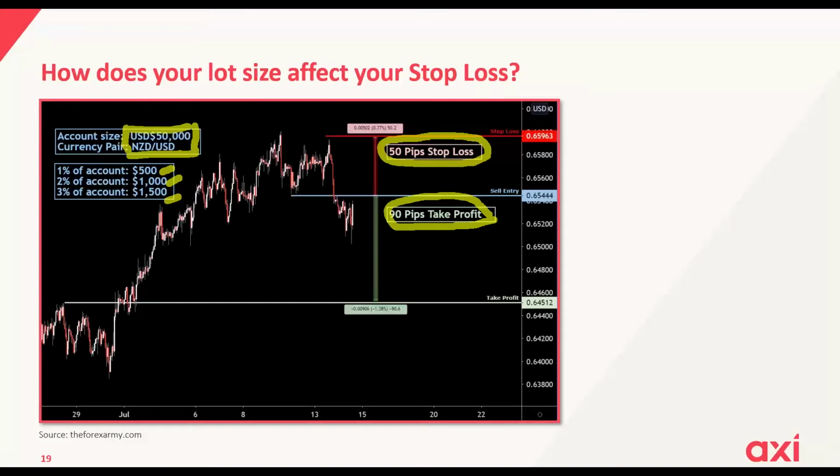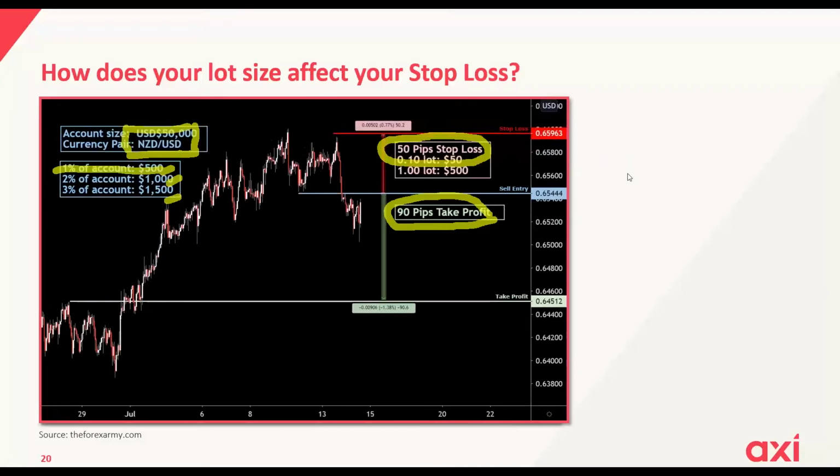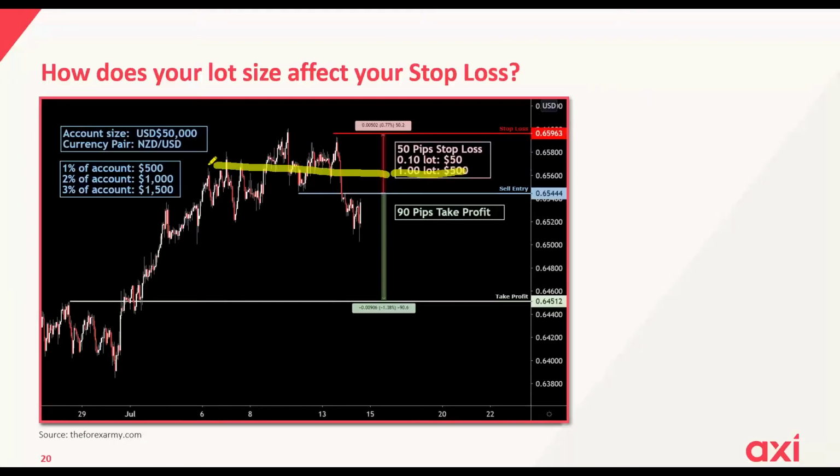Correct? Now, when I was asking you earlier whether 0.1 lot or 1 lot, what you need to know is that with my $50,000 account, if I want to risk 1% of my account, which is $500, I need to use 1 lot. 1 lot will help me risk 1% of my account with a 50 pip stop loss.